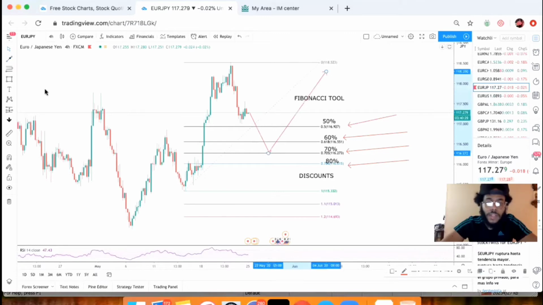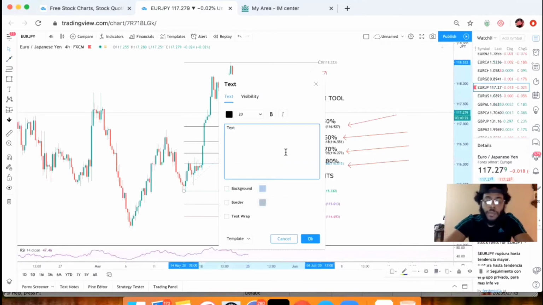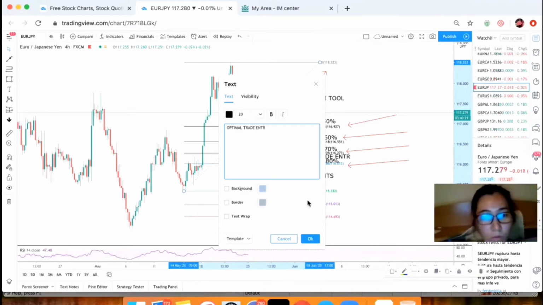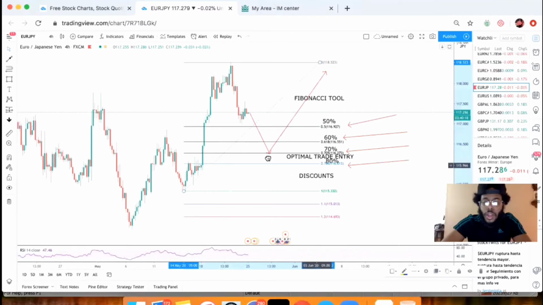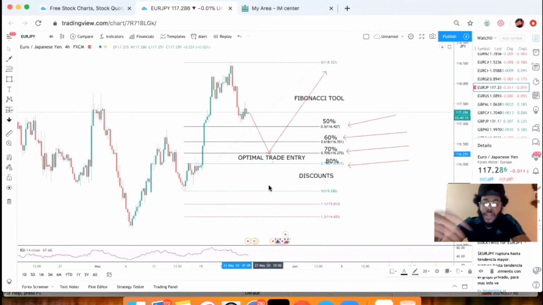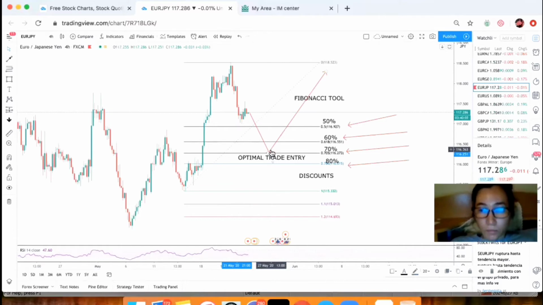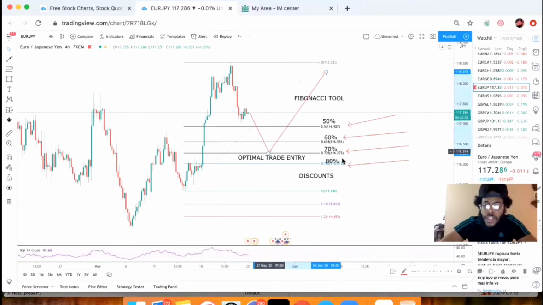Your 70 is what we like to call your optimal trade entry. In other words, that's your best entry. That's where you see the very last wick tap off that area and push up. So that is what the Fibonacci lets us do.